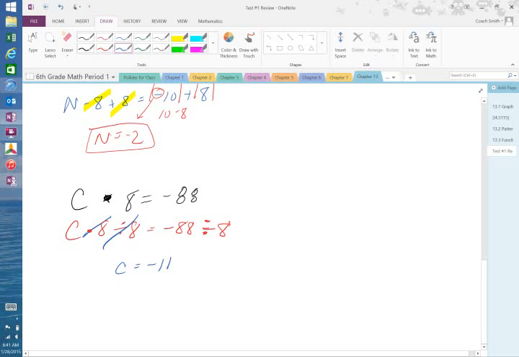Remember, when we're multiplying and dividing, one negative equals a negative. Two negatives equals a positive. So when you're multiplying and dividing, one negative always is a negative.